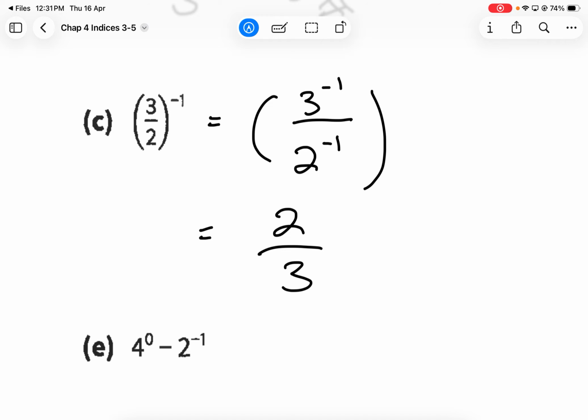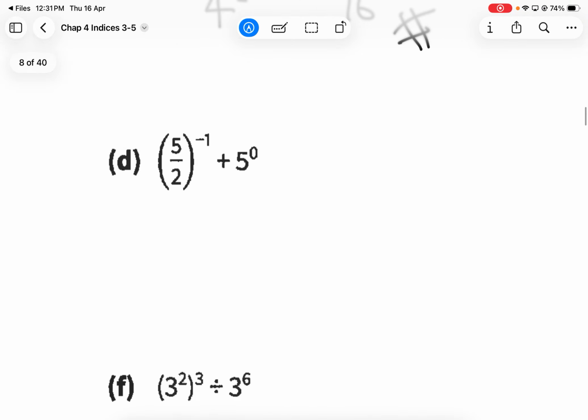Numerator becomes denominator, denominator becomes numerator. That is another shortcut we can do to go straight from here to this answer. When there is a negative 1, we just flip. The effect of the negative is to flip the fraction.